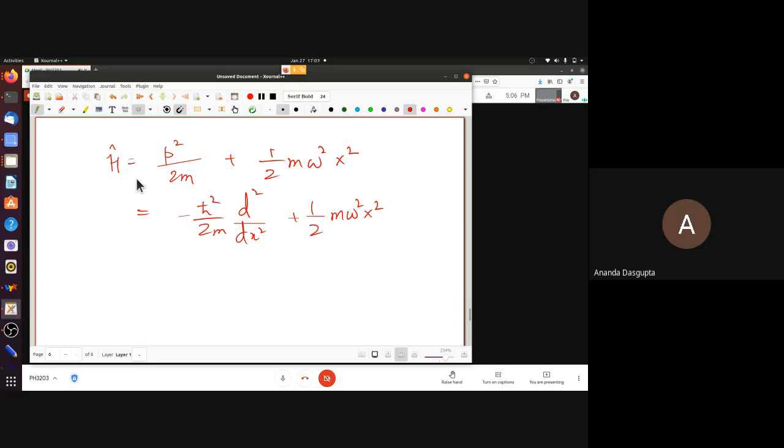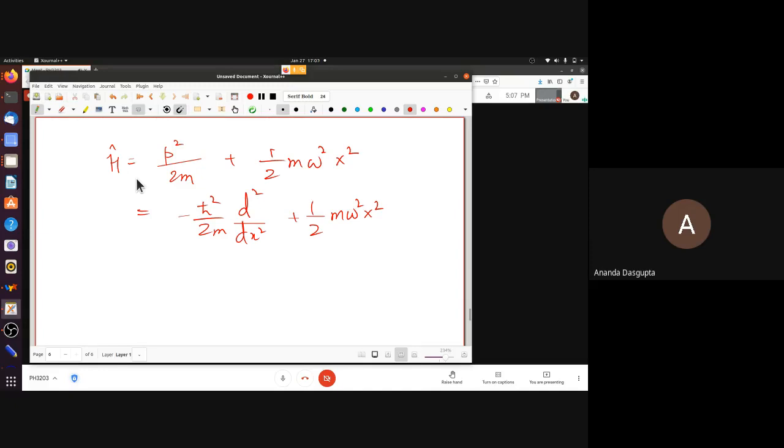So what I can do is start with a class of wave functions. All normalizable wave functions which are typically labeled by some parameter or parameters which we are free to vary. This will be clear the moment I start doing the problem. Then I will find the energy expectation value within that class of functions.